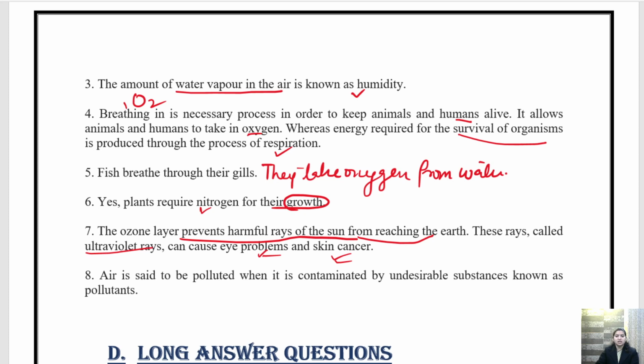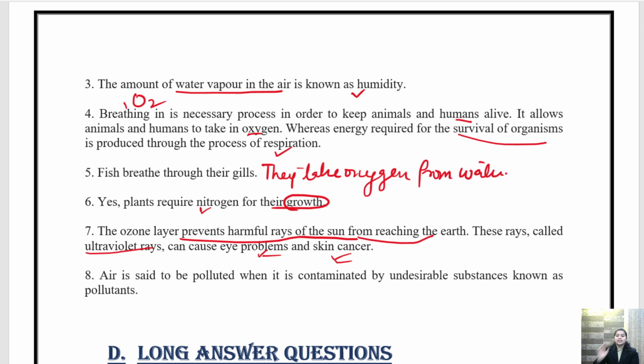What is contamination? Contamination means unwanted substances and dirt. So if there is any dirt or any unwanted, undesirable gases present in the air, then we say that the air is polluted air. It is also called air pollution.